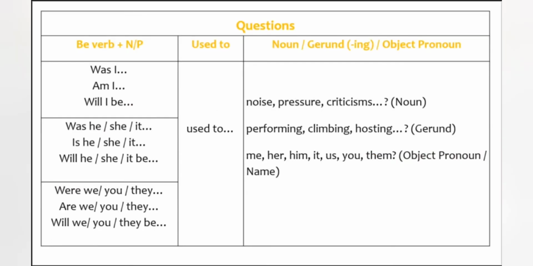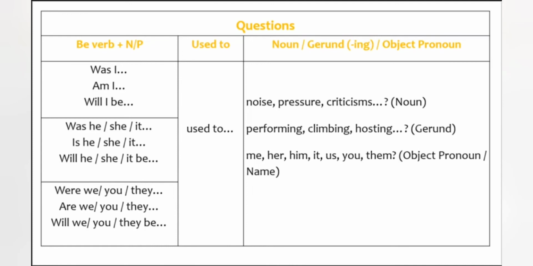Next, how do you make questions? Remember earlier the was, am, will. They are helping verbs, no? They just switch. Earlier, I was. Now, was I. Earlier, I am. Now, am I. Earlier, I will be. Now, will I be. So I think you know this one.